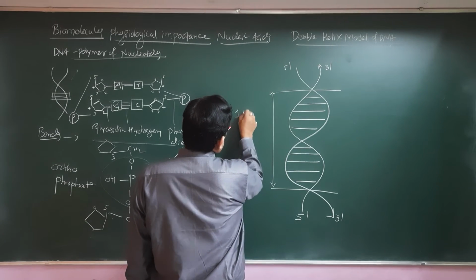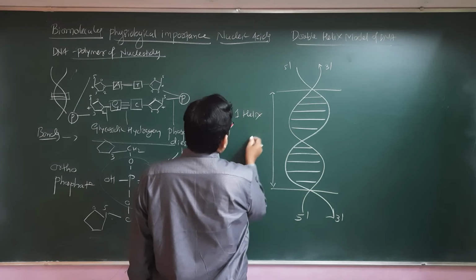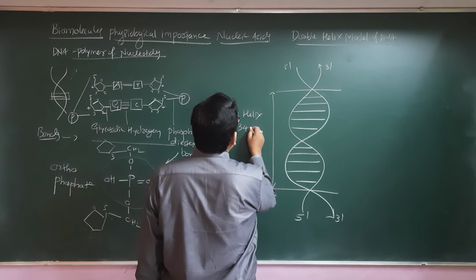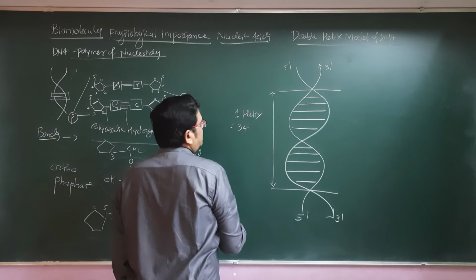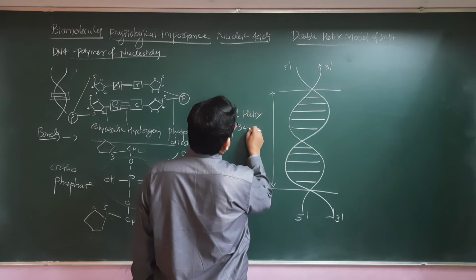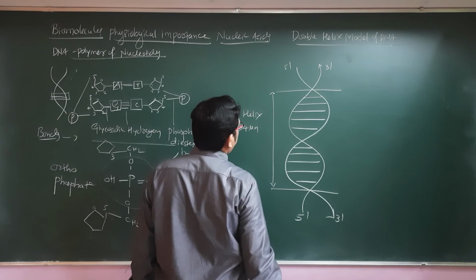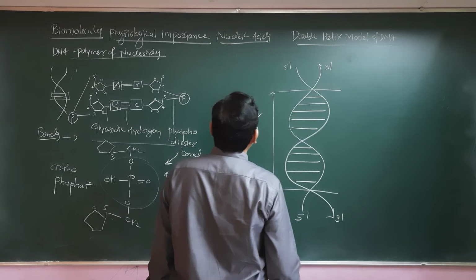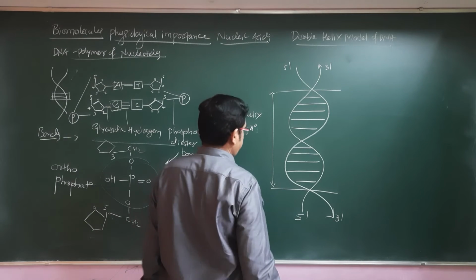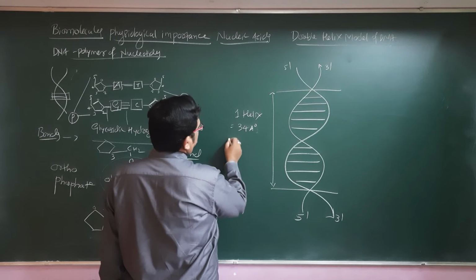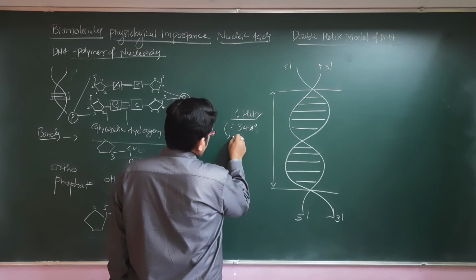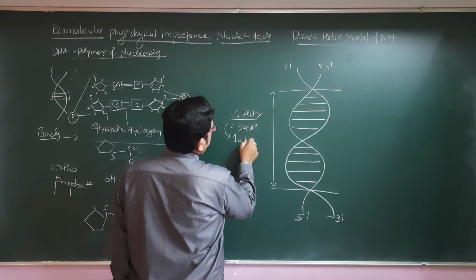One helix is 34, sorry, not micrometers, it is 34 angstroms. And one helix has 10 base pairs.